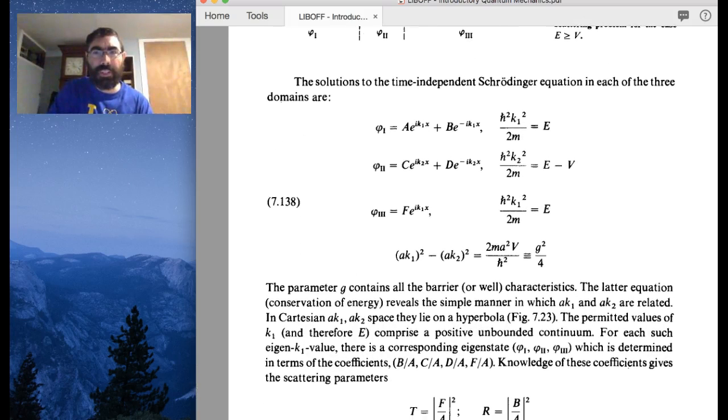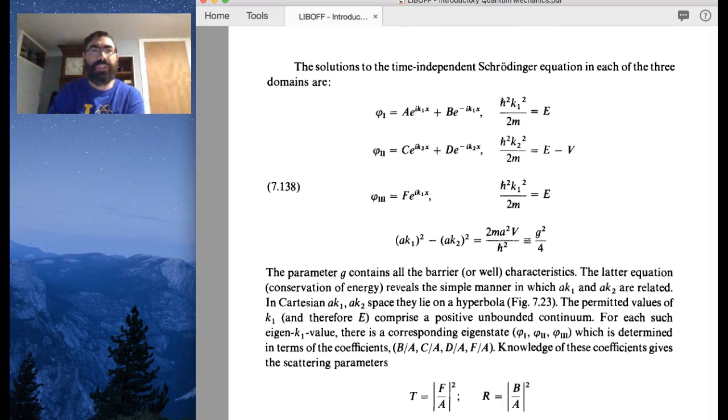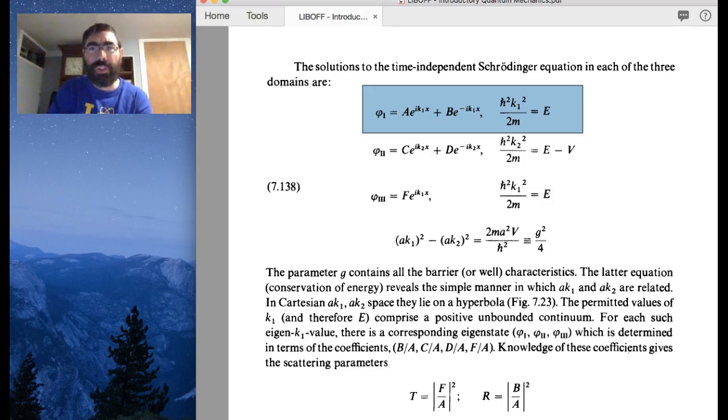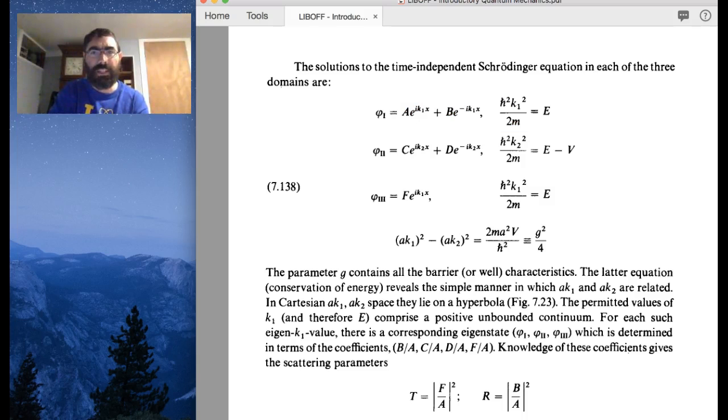So if we list the wave functions in each of those regions, you have the wave function in region 1 with the incident wave with normalization constant A, and the reflected wave with normalization constant B, and the wave number k1 you can get from the equation for the energy.